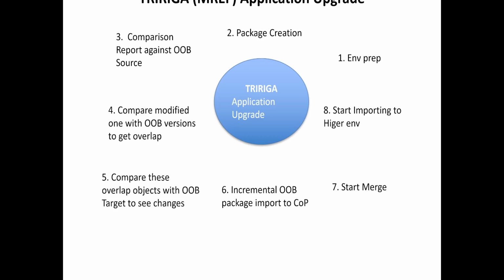This will give you the ability that, if any further application upgrade happens in future, there will be very few tasks for your developers, implementers and service providers. So certainly think about how you can trim functionality you are not using, and how your system can be as close as possible to TRIRIGA MREF out-of-box functionality.